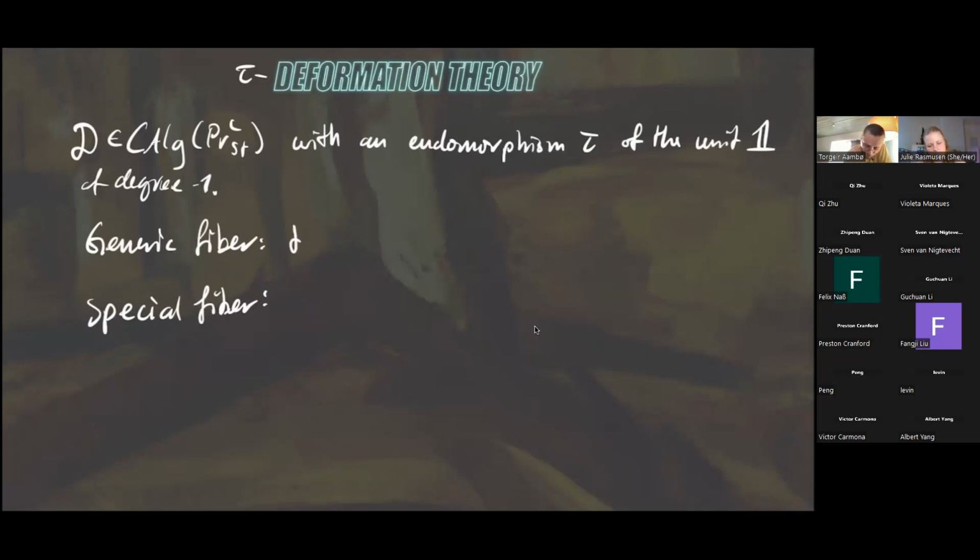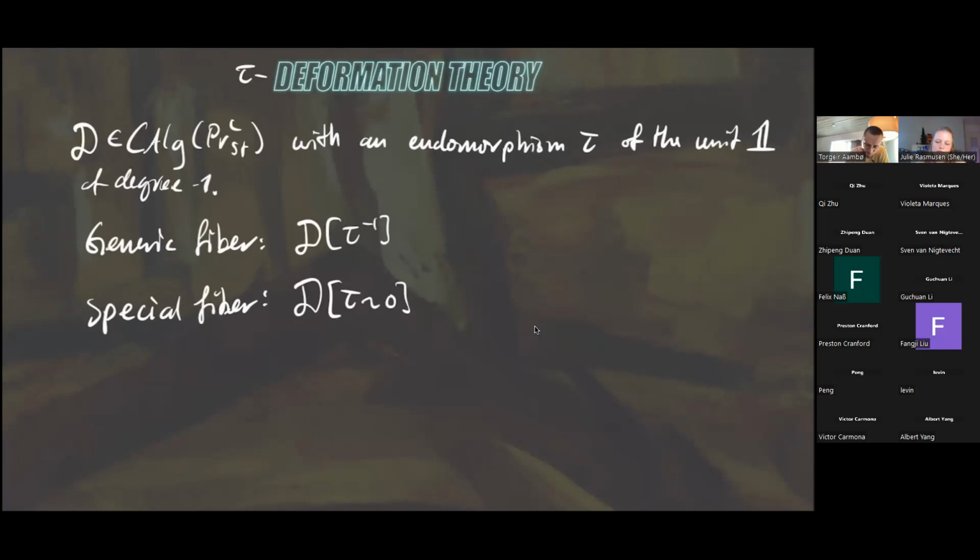I'm not going to be very precise here, but there's a way to invert tau, and there's a way to kill tau. These are two different symmetric monoidal stable infinity categories that have properties that relate them to the big category D.